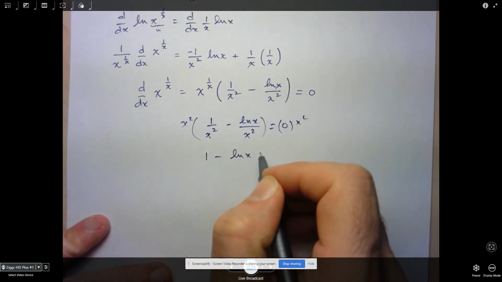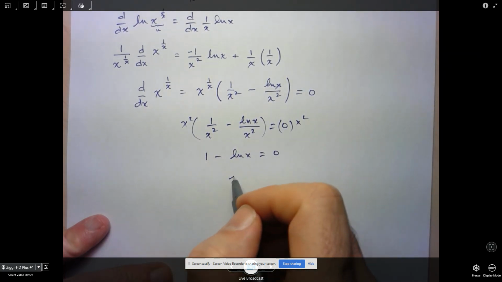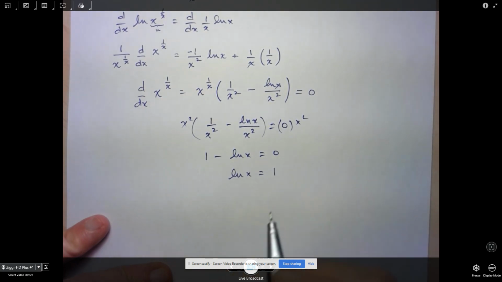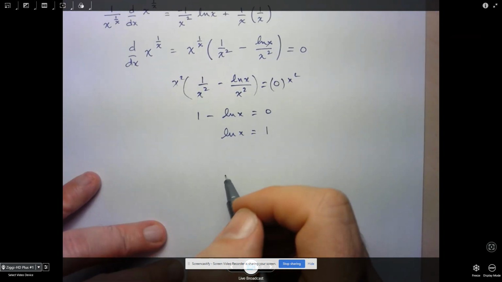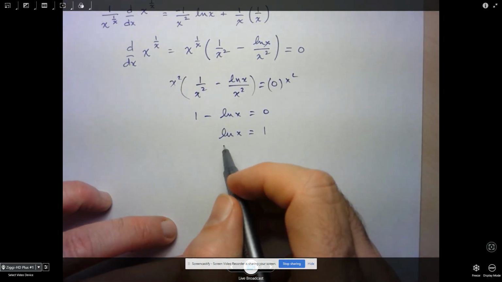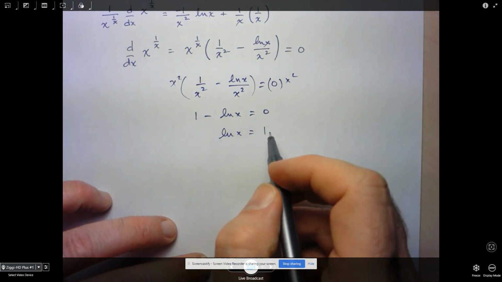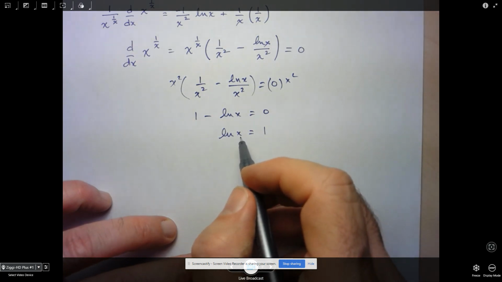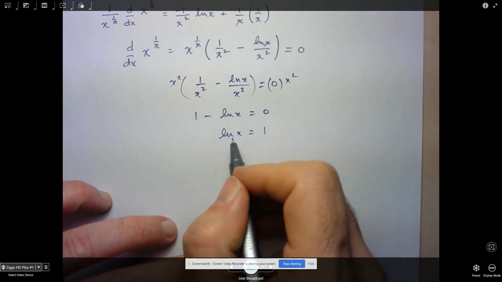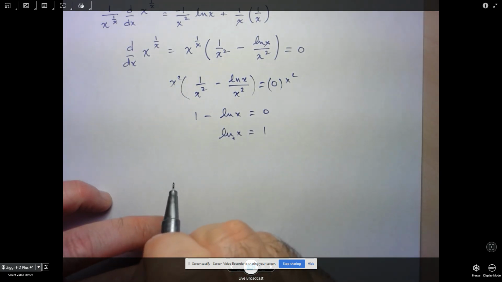And I have something extremely easy to solve, which is just ln x is equal to 1. I can either reason out that ln of e is equal to 1, or I can turn this into exponential form if I remember that that's base e.